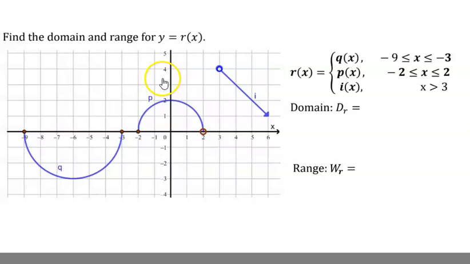So this is a function, but if I look at the domain of each individual part, if I look at the domain of Q, I see it is from -9 up to -3, union, the next one is P, it starts at -2, and it ends at 2.